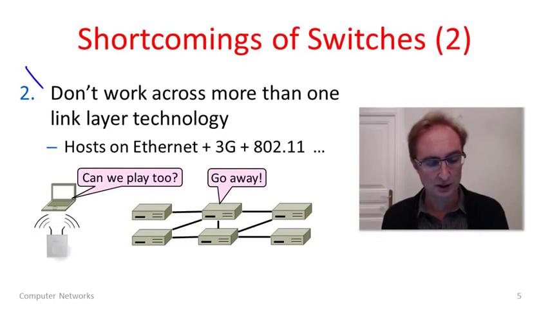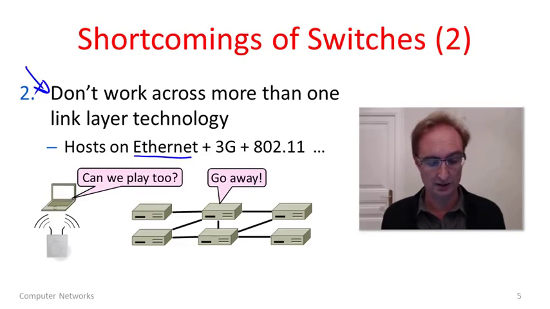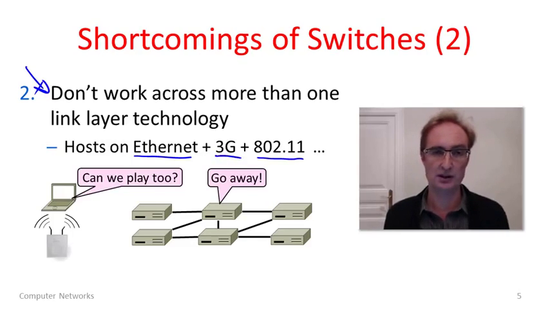A second shortcoming is that the switch approach we've seen doesn't work across more than one kind of link layer. It's a link layer approach, so it's designed for a particular link layer. Now, we've already seen different kinds of links. We've seen Ethernet inside wired enterprises, 802.11 inside many houses, and 3G for cellular mobile connectivity.